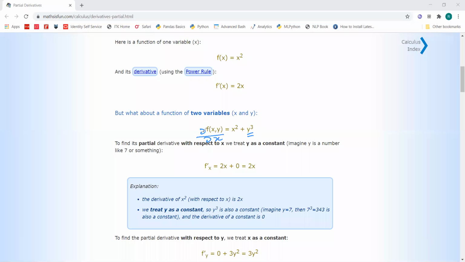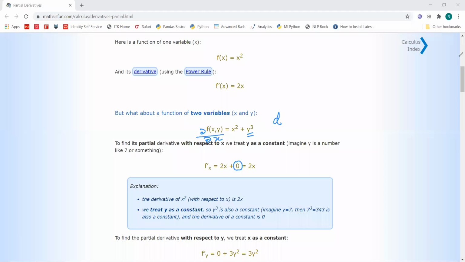So this is the partial derivative sign, and if you do d, this is the derivative sign. So we are doing partial derivative with respect to x. When you do that, it will come 2x, and this will become 0 because we treated it as a constant. So that is one, and then next time you do it with respect to y.